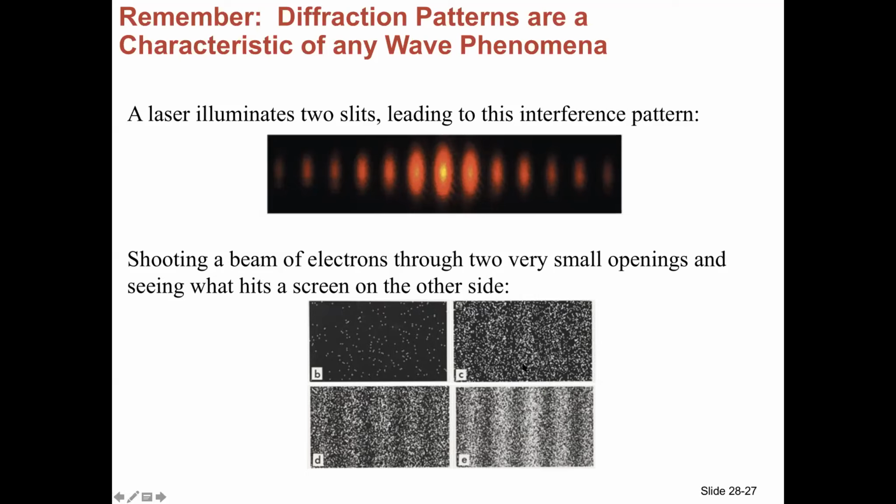More electrons will hit in certain spots where the screen is brighter. Less electrons will hit in darker spots. And statistically, if you let enough electrons go through, they'll hit in this bright and dark fringe pattern, which, as we found, is characteristic of a wave.